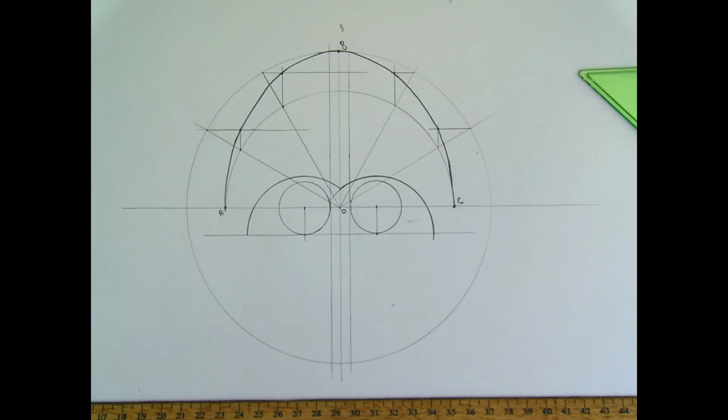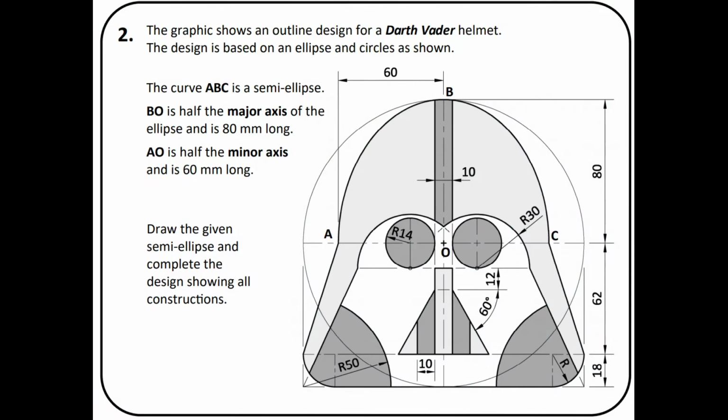Now we're going to start looking at the bottom part of this, the lower part of the face, so where the mouth area would be, and those two arcs on the grey pieces on the side. But to do that, what I'm going to do is I'm going to draw the bottom rectangle. So if you look closely at the question, you can see there's kind of a rectangle that comes from the minor axis, the line AC, and it's the full width of that circle that we drew at the start, and it comes all the way down to the bottom of that circle.